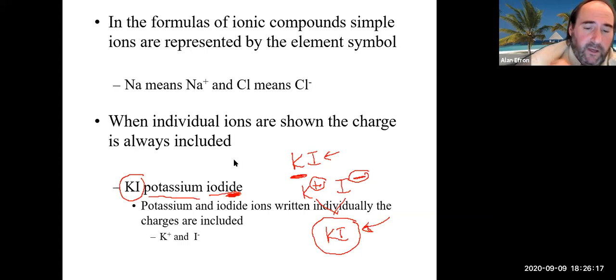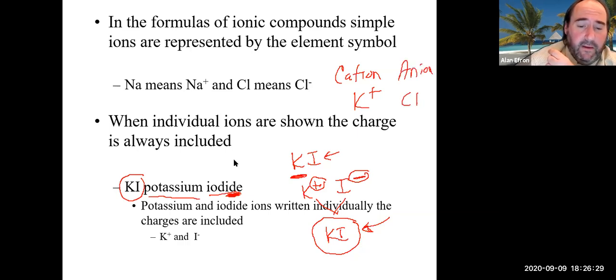So if you were asked, what is the cation in that guy, and you wanted to write the formula for the cation, that's when you would write K+. If you were asked what is the formula for the anion, you would write I-. And if you wanted the formula for the compound, you would write it just like this, no charges when you put them together. So that's really important: not to include the charges when you put the metal and non-metal together in the formula for the chemical compound. Any questions on that there?